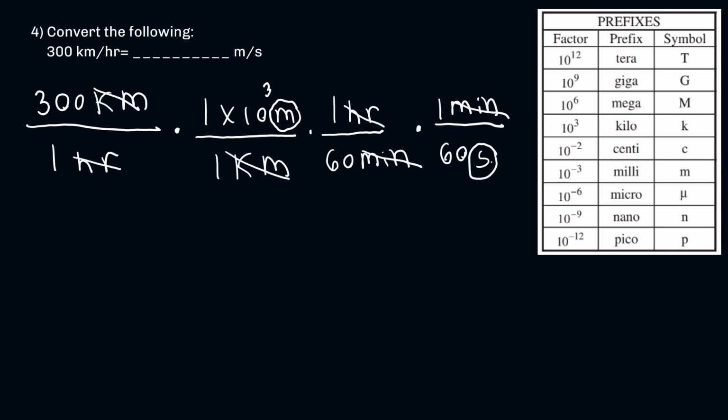So now doing the answer here, plugging everything into your calculator. So essentially 300 times 1,000 is going to be 300,000. Then that is going to be in meters. That is going to be over just 60 times 60. So if you plug that into your calculator, you should get 3,600 seconds.